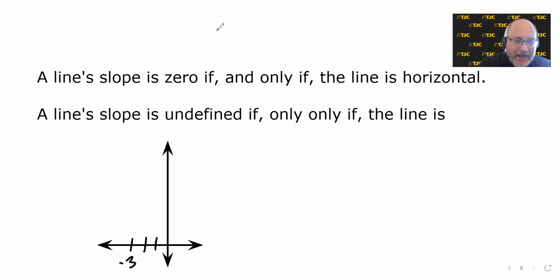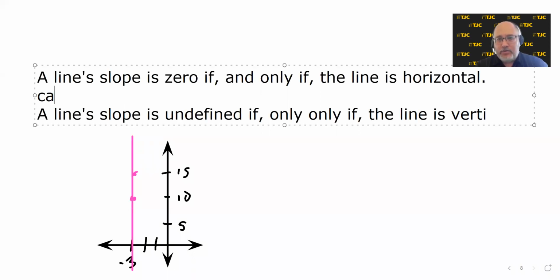And let's scale by 5 since we're going up 10 and 15. The 2 points we had on the last example were (-3, 10) and (-3, 15). The 2 points are directly above each other. So when we connect them, what kind of line do we get? We get a vertical line. So a line's slope is undefined if and only if the line is vertical.